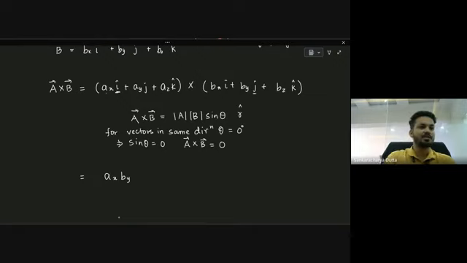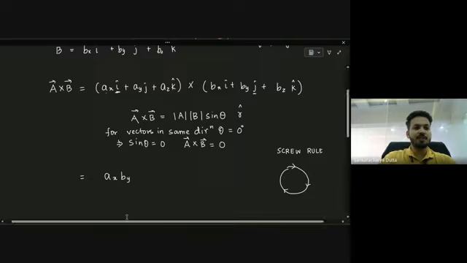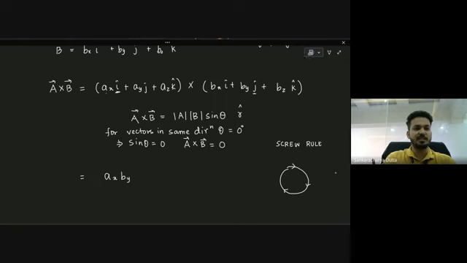Well, for that, you need to use something called the screw rule. It's a very standard procedure. You make a circle and you show the clockwise direction, and you also write your directions in the clockwise direction: x, y, z, or i, j, k, whichever representation you're using.